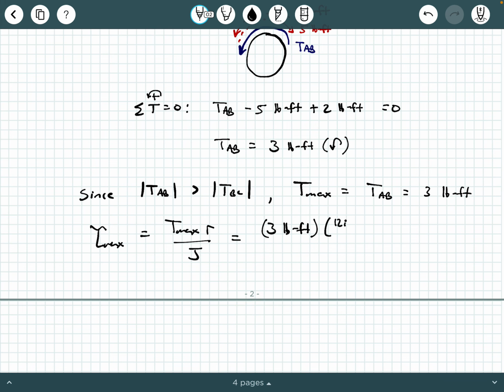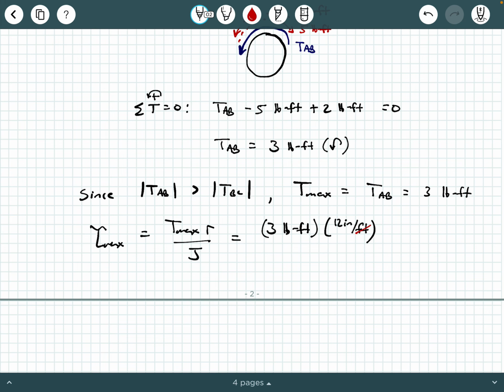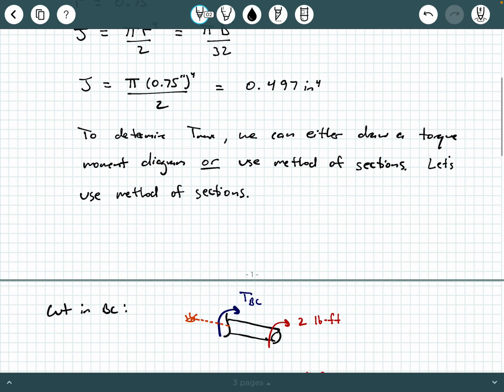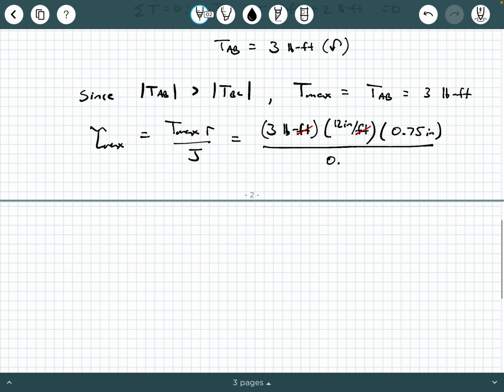So we're going to say 12 inches per foot to create this conversion where we can cancel some feet here, and we'll have pound inches. And then we're going to say times the radius, which was 0.75 inches, and then all divided by the polar moment of inertia. Let's remind ourselves what that is, 0.497 inches to the fourth.